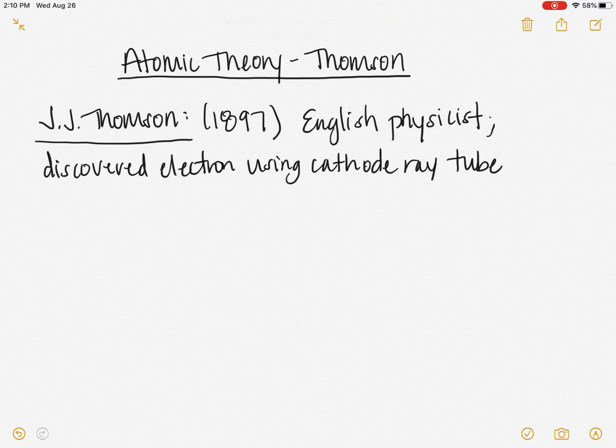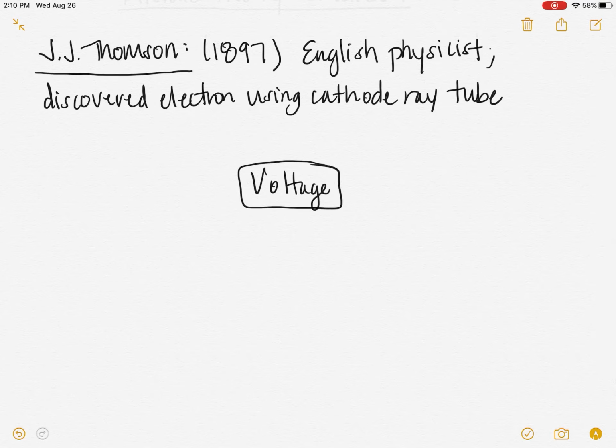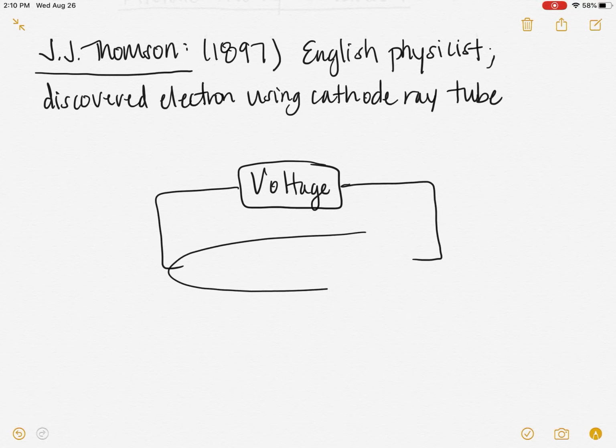Okay. So I'm going to draw you a picture, and then we will discuss it in bullet point form on what exactly happened. So we had this voltage supply, like a battery, and then some wiring, and then a glass tube.